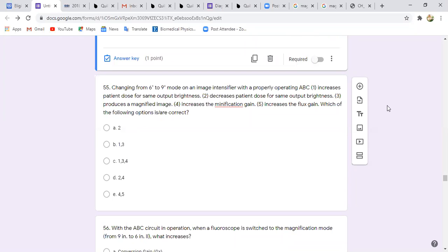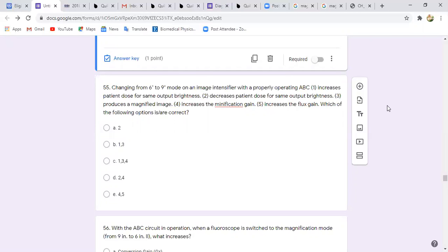We are changing from 6 to 9. That means we are doing, sorry, if it had been from 9 to 6, then we are actually doing a magnification. So this is a magnification.